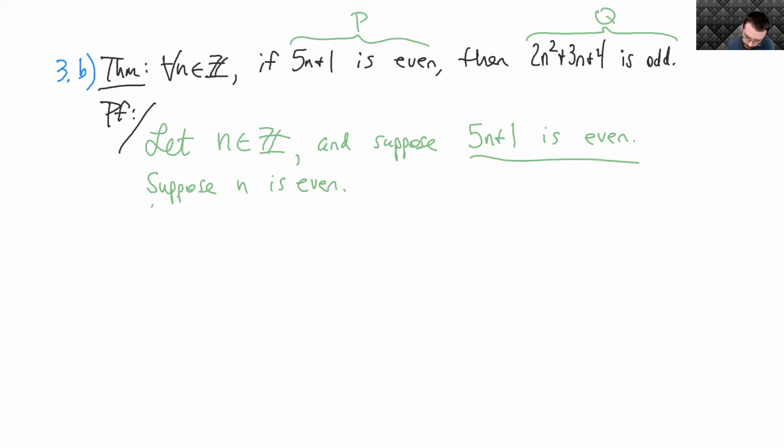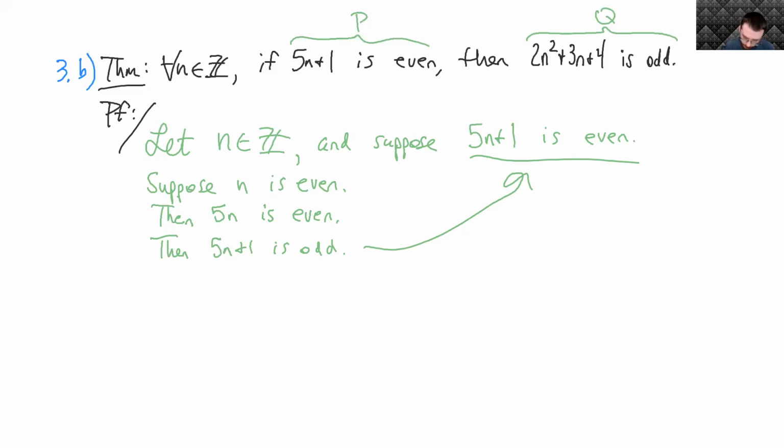If n is even, then 5n is even, right? Because we proved in a previous exercise that an even number times any integer is even. But then adding 1 to it will make it odd. This contradicts our assumption, right? So n cannot be even.